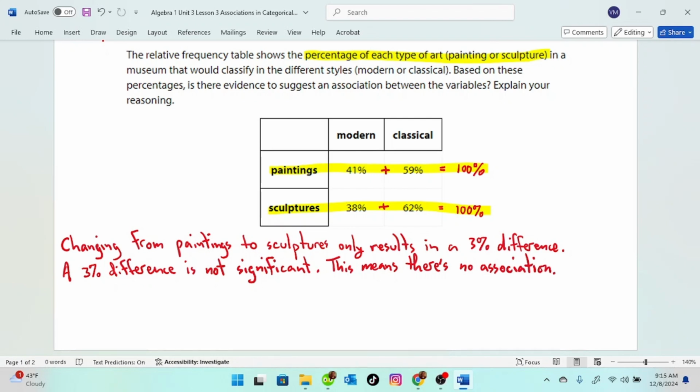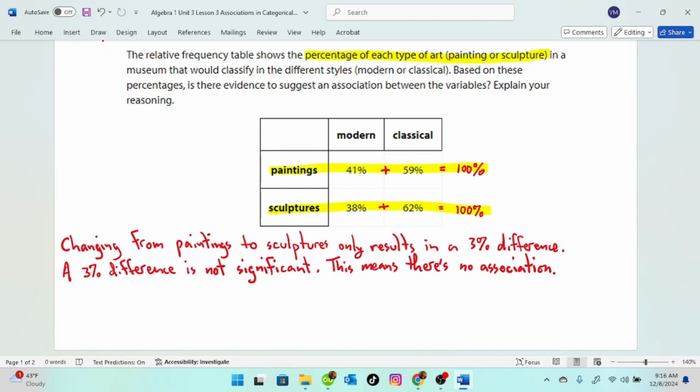It is a little bit subjective. Different people can have different opinions on how much of a difference there needs to be for it to be significant or not significant to determine whether there is an association or not.